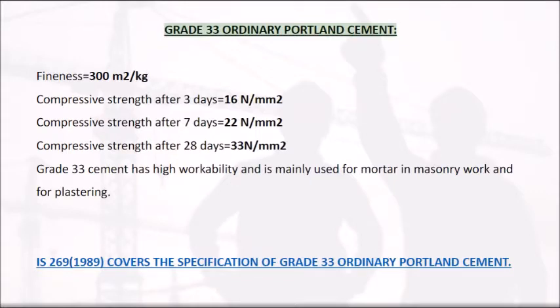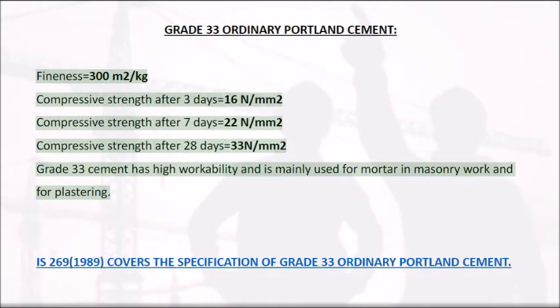Grade 33 Ordinary Portland Cement: fineness equals 300 m2/kg. Compressive strength after 3 days equals 16 N/mm2. Compressive strength after 7 days equals 22 N/mm2. Compressive strength after 28 days equals 33 N/mm2.